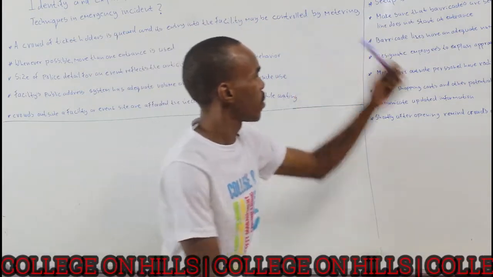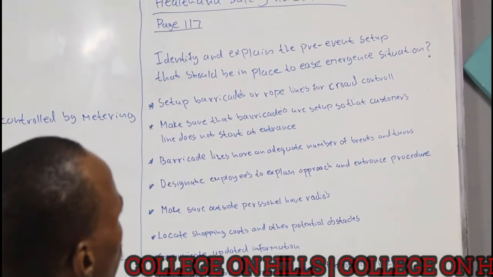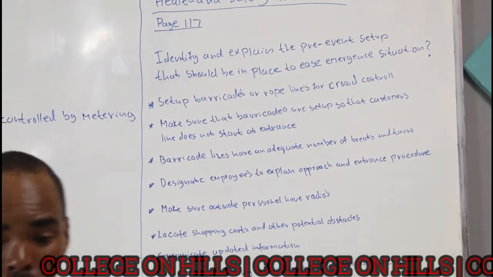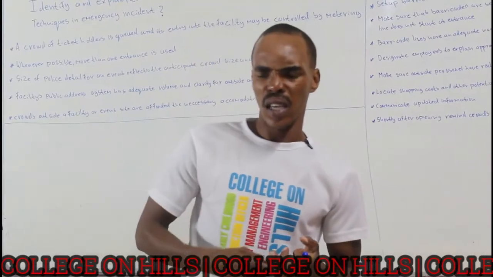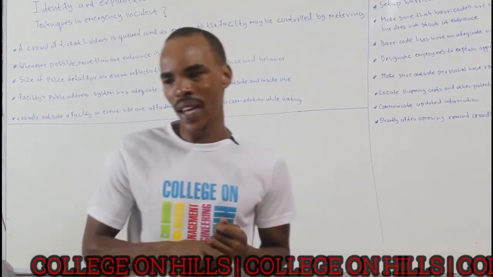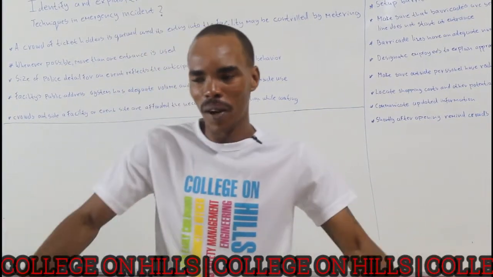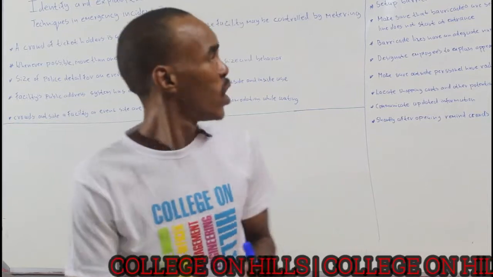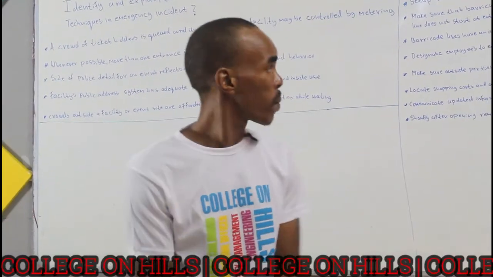The first pointer: set up barricades or rope lines for crowd control. Yes, barricades and rope lines should be put in place in order to control the crowd so that they can stay in the particular platform where the crowd is supposed to be. So we use barricades and rope lines in order to contain them.